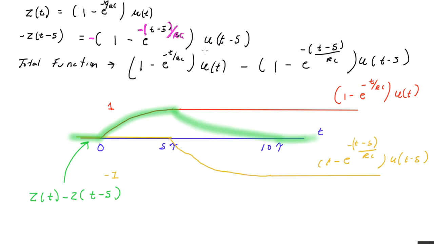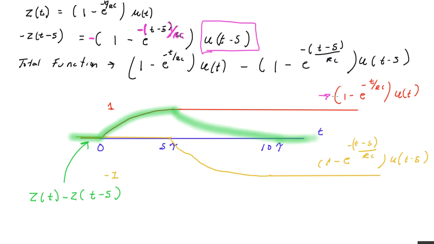And then you have to make sure that it doesn't turn on until 5 seconds have gone by. So the total function is z of t minus z delayed by 5. All right, that's all written out. So we can break that up.